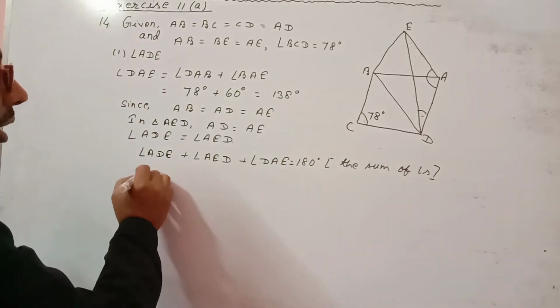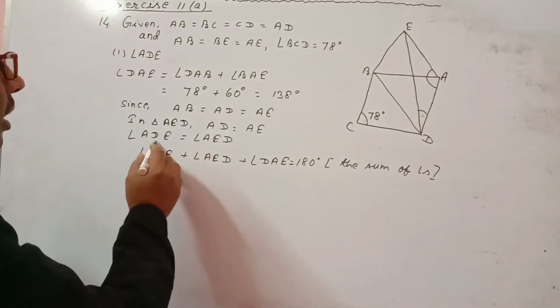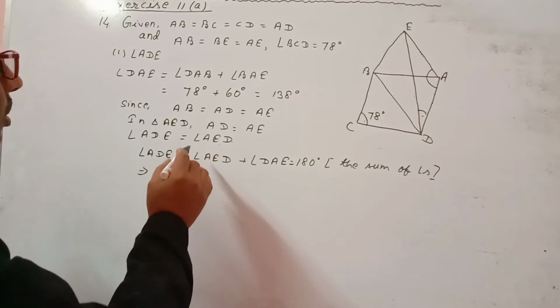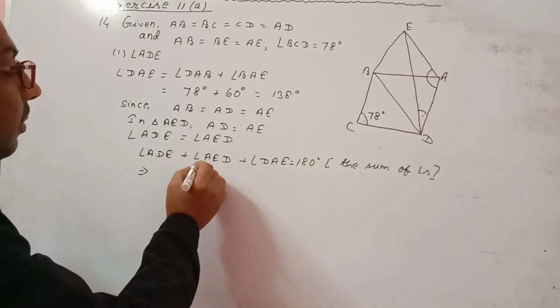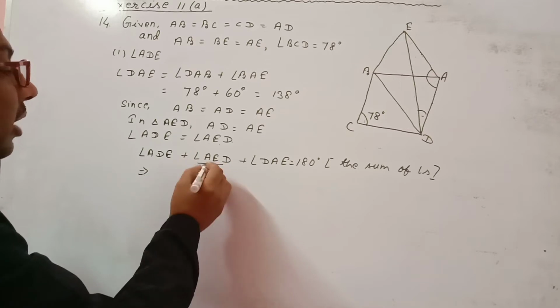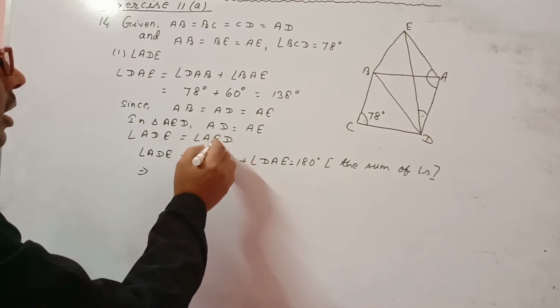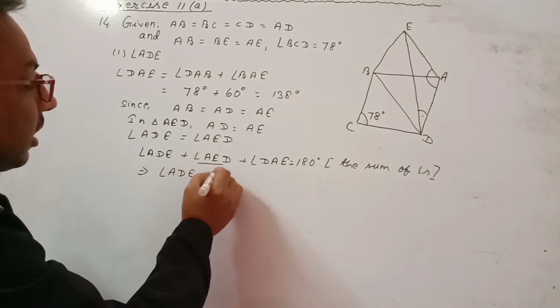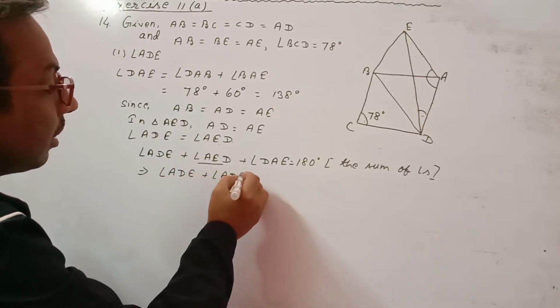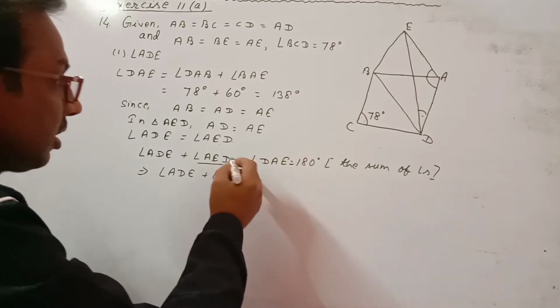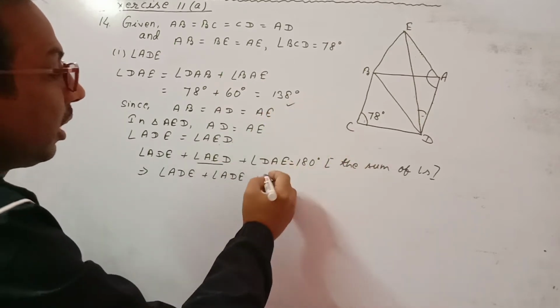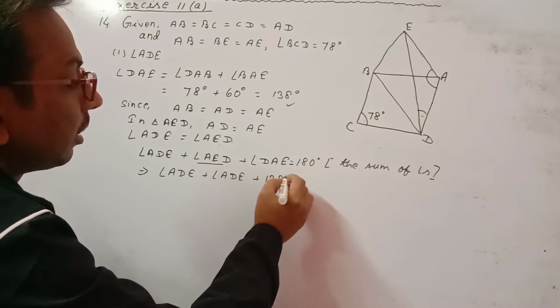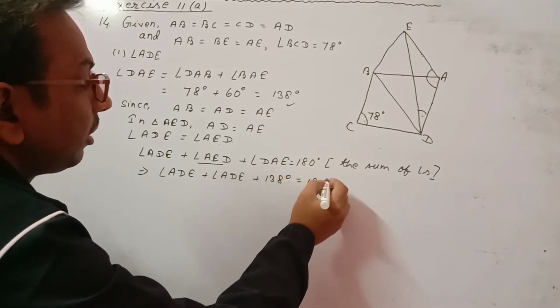Now, angle ADE and AED both are equal. Therefore, we can replace angle AED by angle ADE. So, we write angle ADE plus angle ADE plus angle DAE, which we have just got as 138 degree, equal to 180 degree.